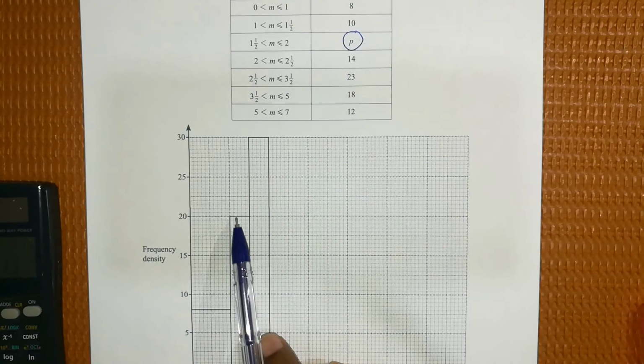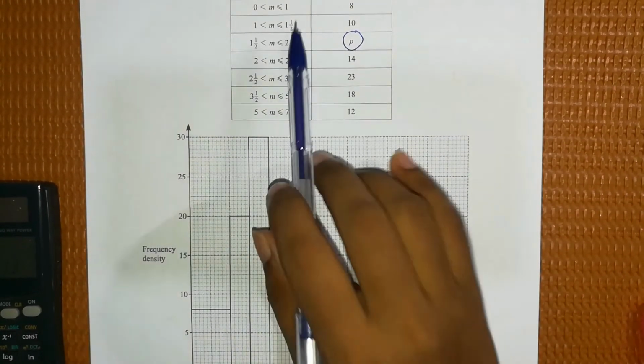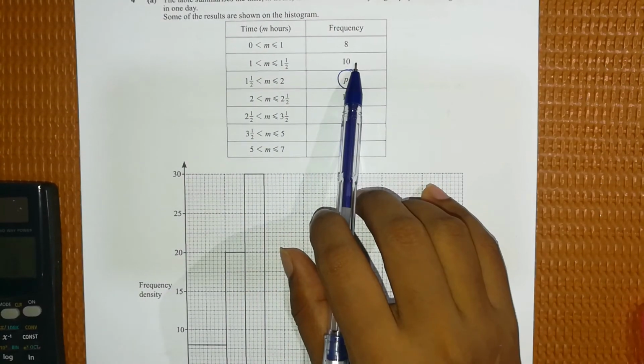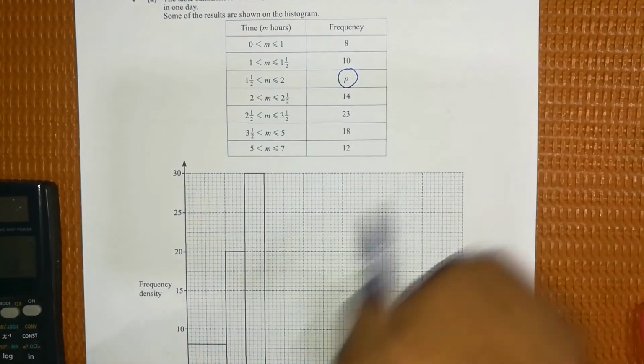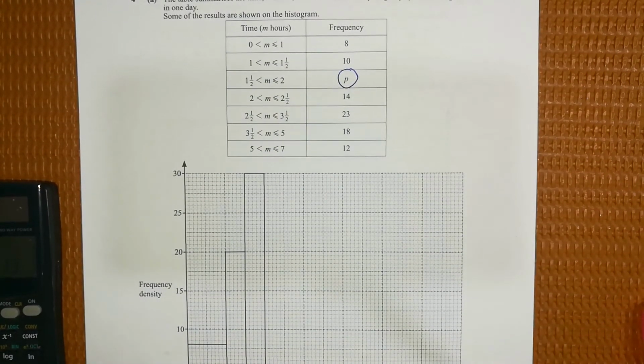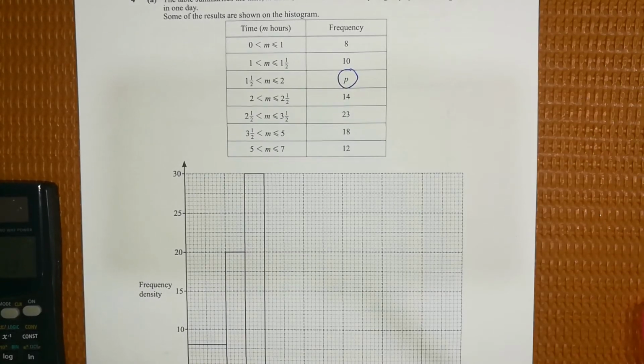Look at here, they have drawn a bar with height 20. Why is that? Because here is half of the group and you have to double the frequency, because we know in a histogram the frequency is proportional to the area of the bar.